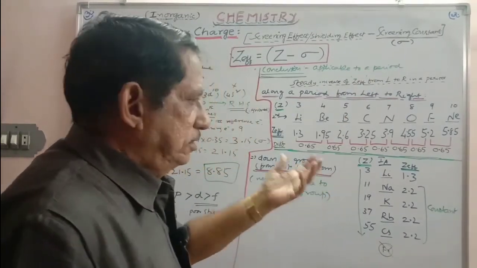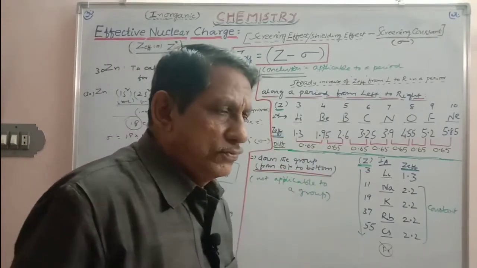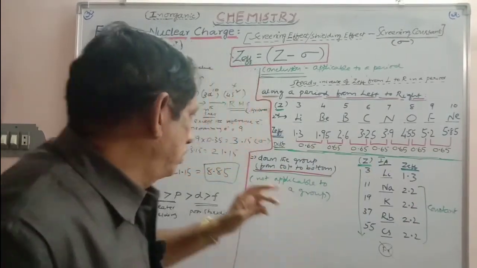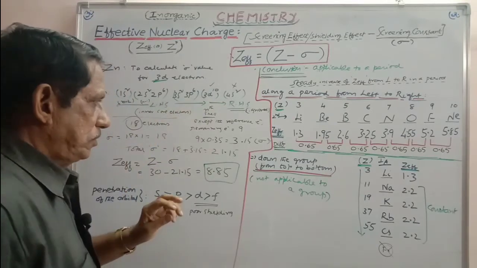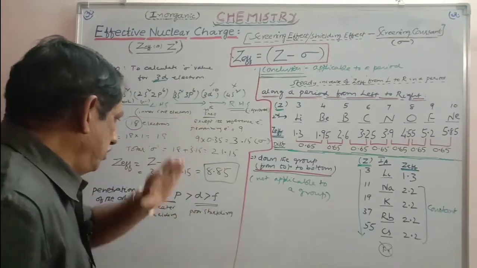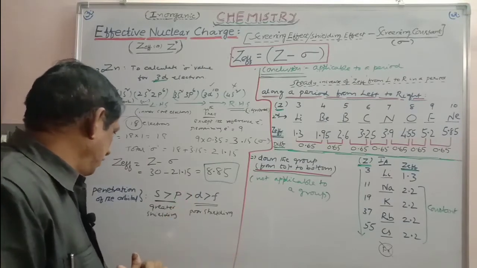Already we calculated the 4s electron for zinc 30, and now for the d electron, based on the rules we calculated 8.85. Okay, that is fine.